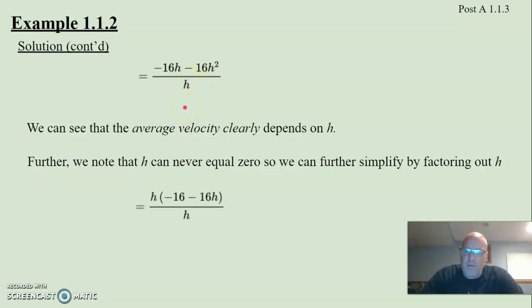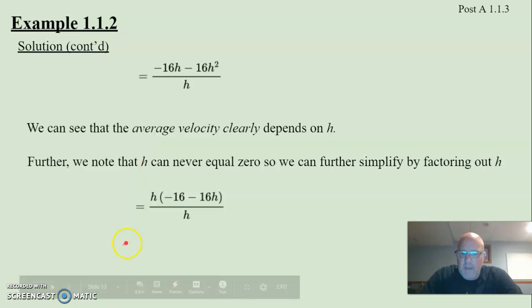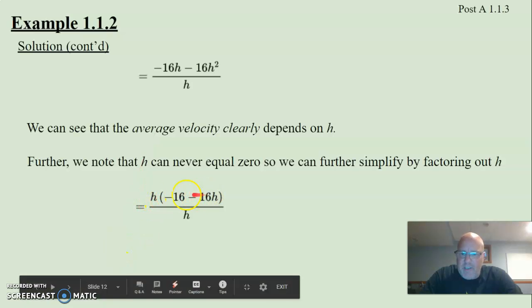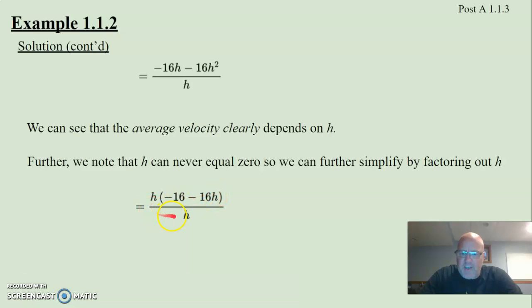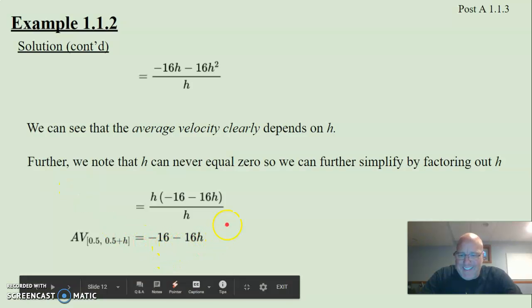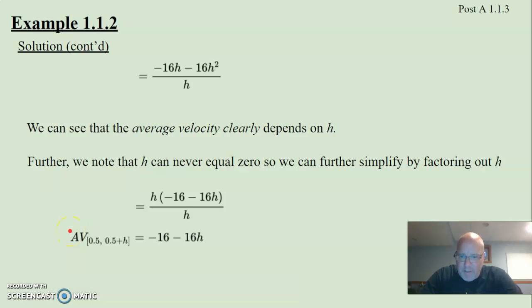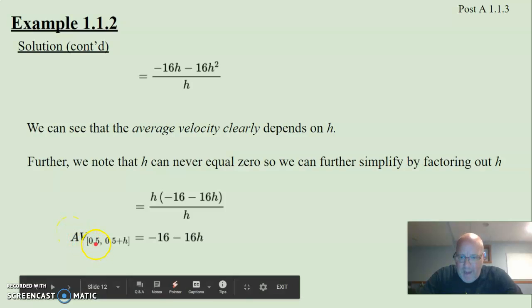So what we're going to do is factor out the h. When I factor out the h, that leaves me in the numerator negative 16 minus 16h over h. These h's now reduce. I get negative 16 minus 16h, and that's going to be the expression for the average velocity from 0.5 seconds to 0.5 plus h seconds.